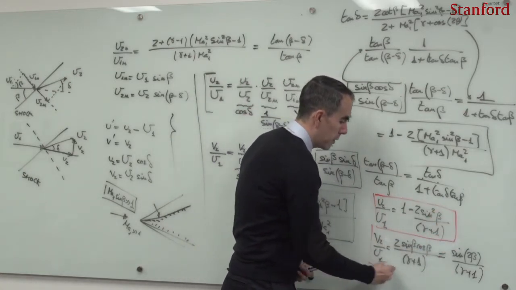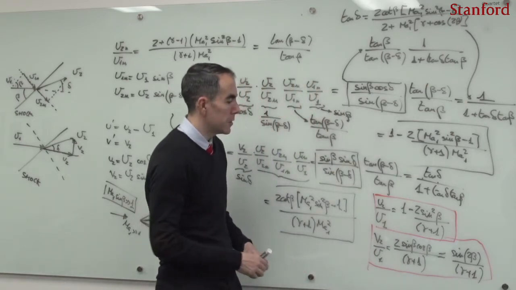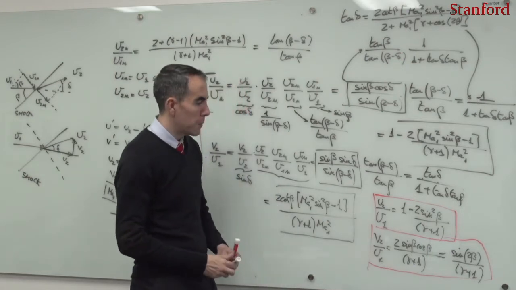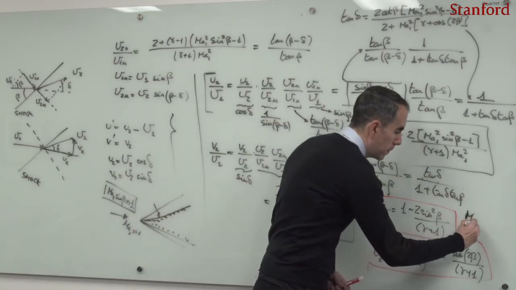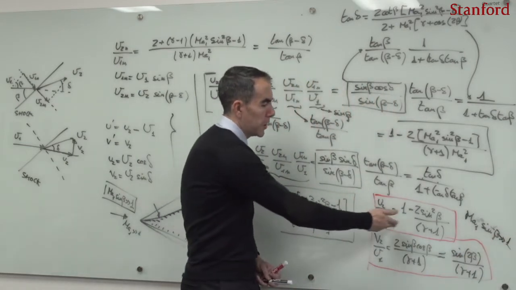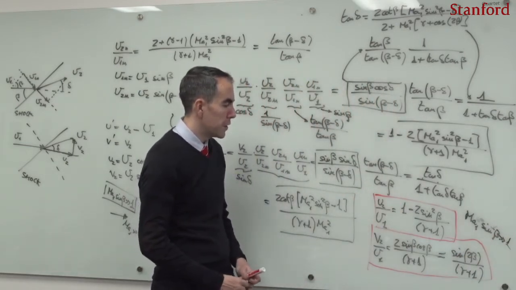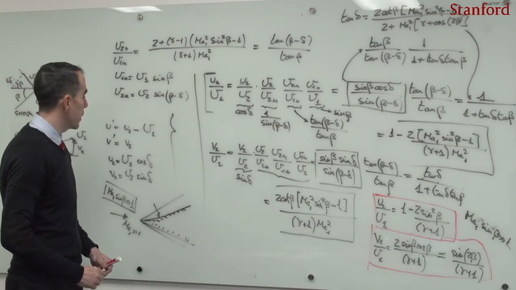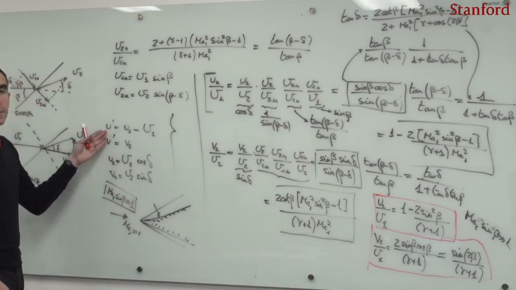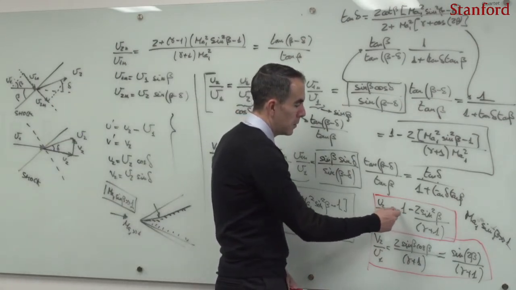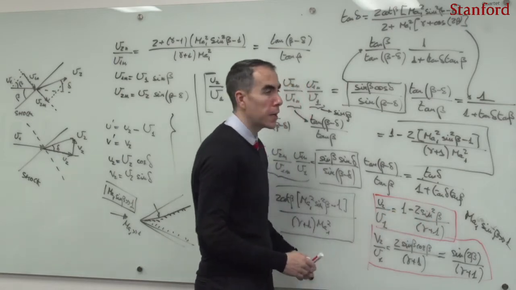So these two expressions are asymptotic expansions of these more complex expressions, but they are valid only for hypersonics. If one looks at these expressions, the first thing that one notices is that this velocity disturbance that I just defined here is going to be just 1 minus this entire quantity.